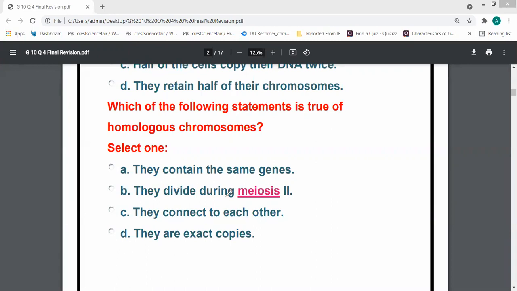They are exact copies. Exact. What about the first one? They contain the same genes. Firstly, they contain the same genes. Right or wrong about the homologous chromosomes?